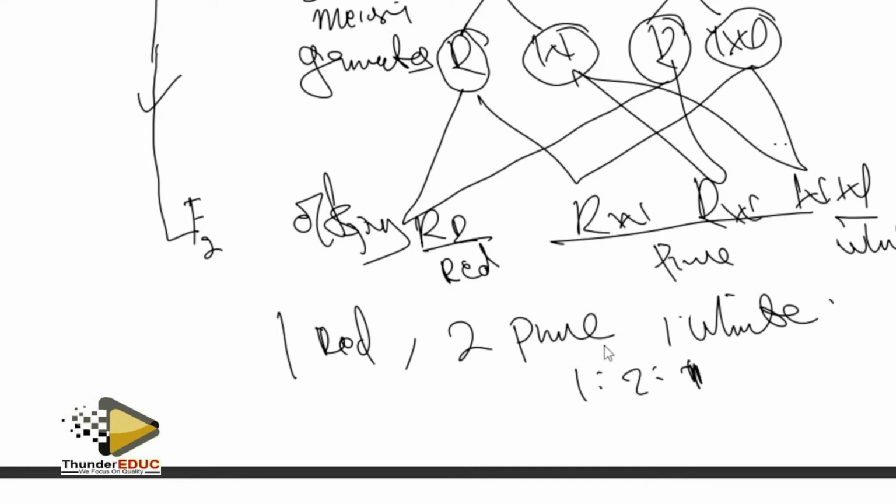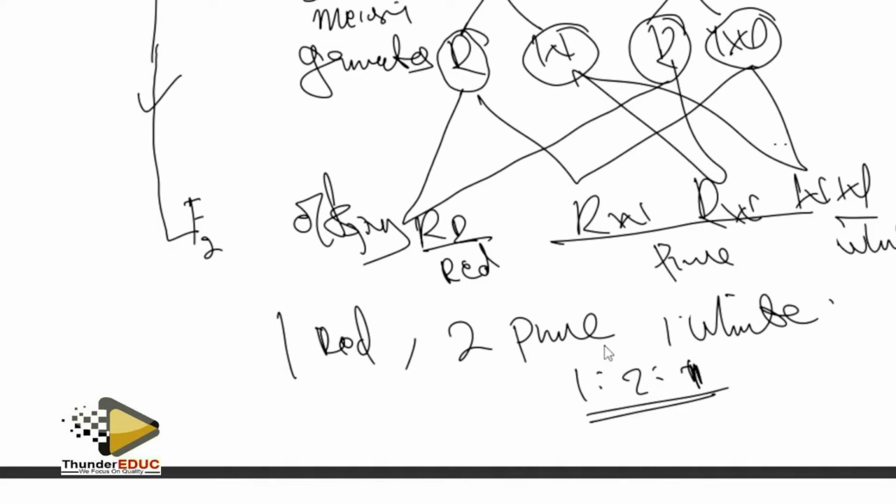Some people, when they ask them the ratio, write the expression, and sometimes when they ask for the expression, they write the percentage. So when they ask you the ratio, please write the ratio.